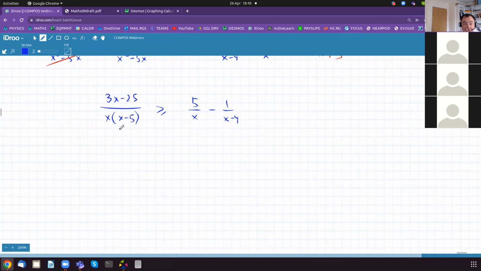I'm approaching this problem carefully because what I don't want is cubic terms. I want to avoid cubic terms as much as possible. And at the moment, if I try to do this, I might end up with a cubic term if I don't notice that there are common things in the denominator. So it's going to be 3x minus 25 over x minus 5, greater or equal. So 5 times that, so it's 5x minus 20 minus x over x minus 4.